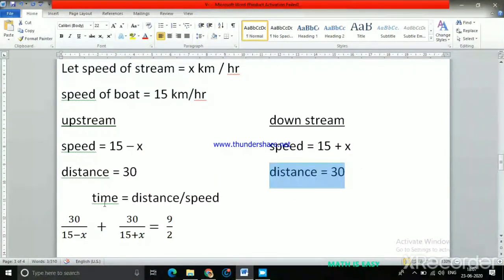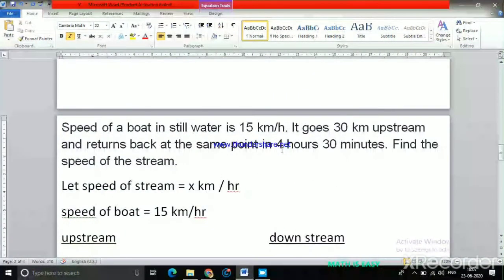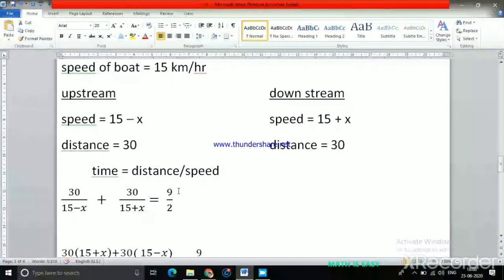Now speed equals distance upon time, or I can write time equals distance upon speed. See here, total time it has taken is 9/2 hours. 4.5 means 9/2. I have written 9/2 hours equals total time, going upstream and coming downstream. If I add both, that's why I added both here. Upstream time is distance upon speed. Distance is 30, upon speed 15 minus x.